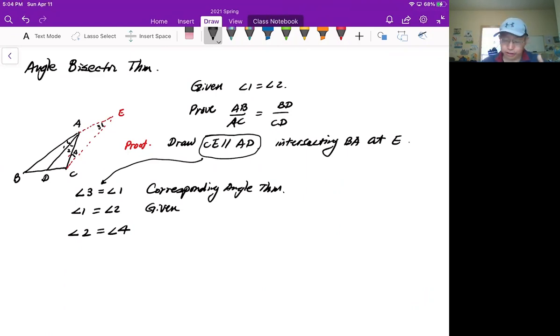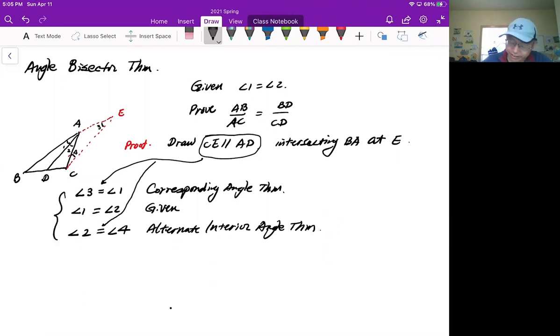Well, again, just because the two lines are parallel, so they are alternate interior angles, right? Alternate interior angle theorem.